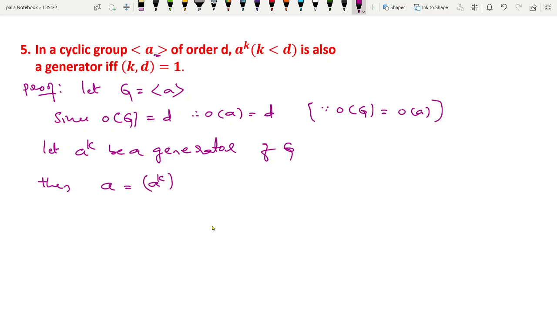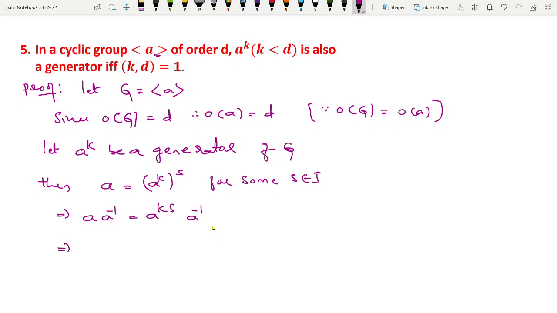a is equal to a power k to the power of some integer s, for some integer s. So now, operate both sides with a inverse.